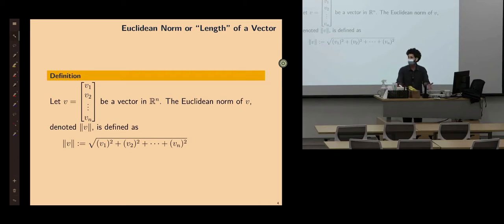Suppose we have a vector such as V. It is an n by 1 vector. It's a vector that belongs to R^n. The Euclidean norm of V is denoted with this symbol. We use one bar for showing the absolute value of a scalar, right?